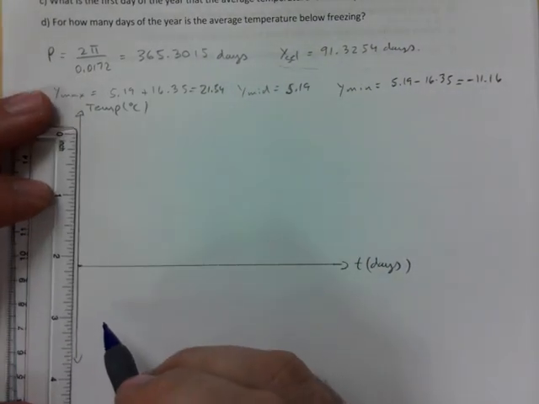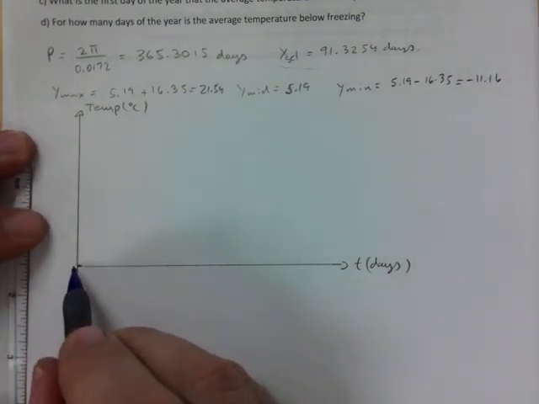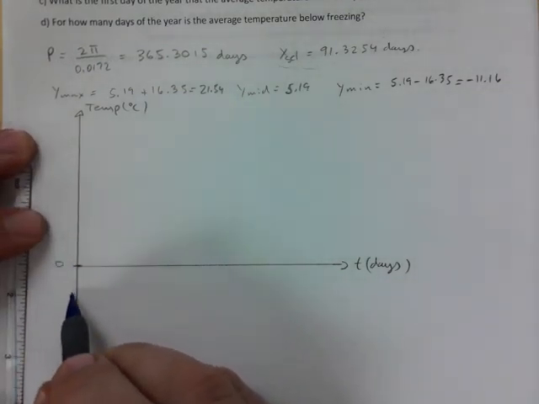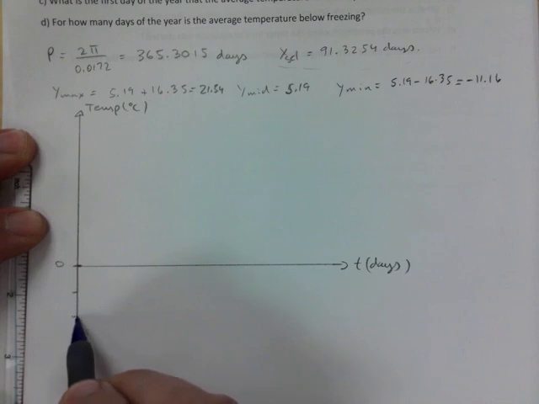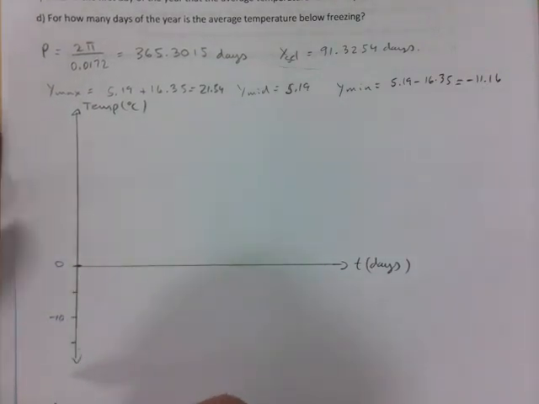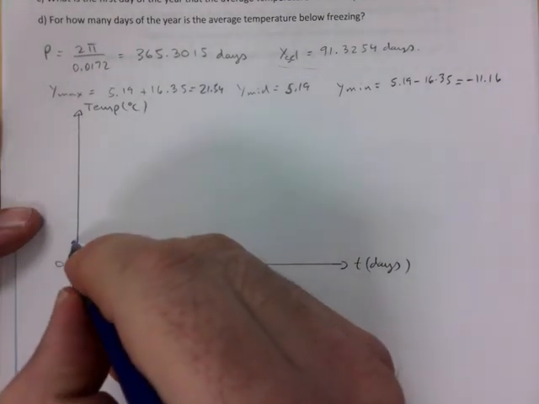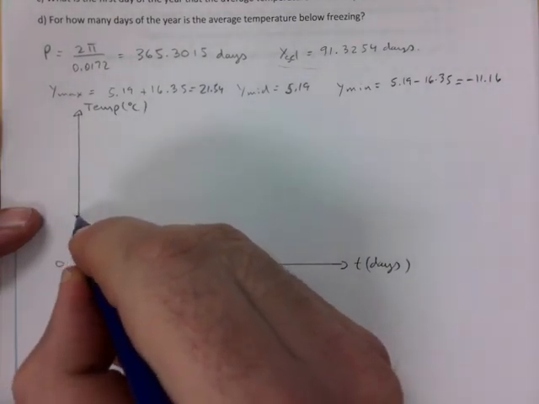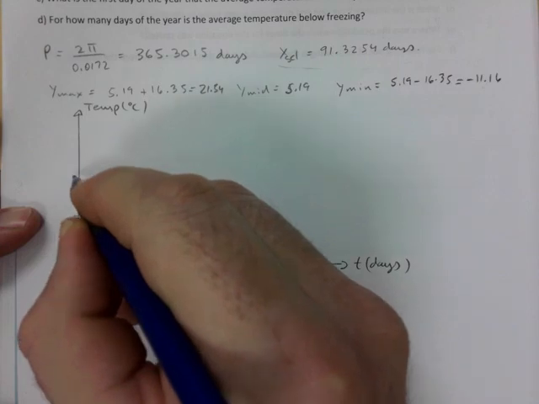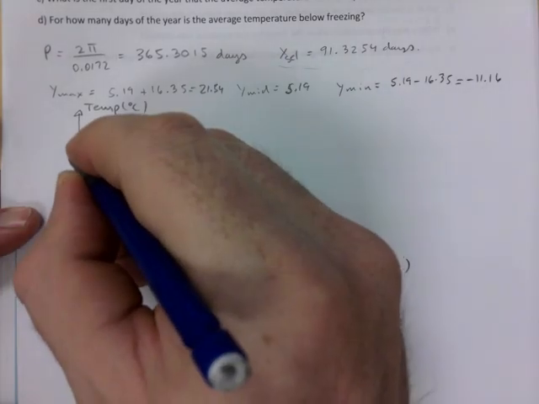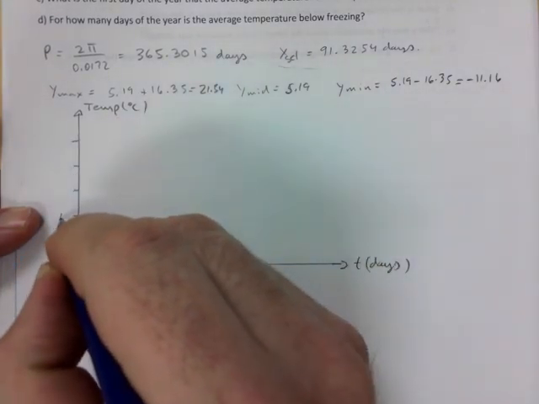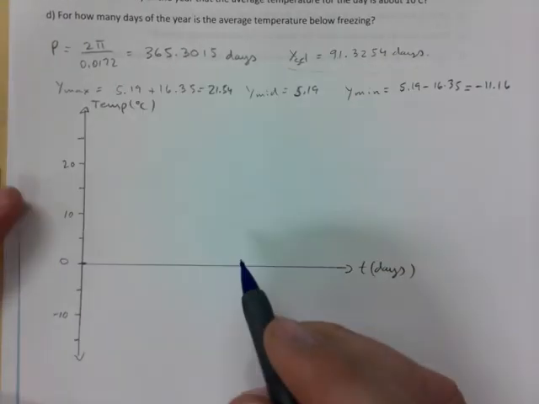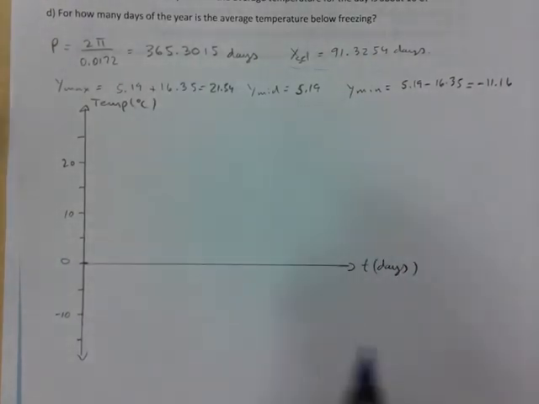I'm going to split this up: this is my 0 here. This would be 5, 10, negative 10, negative 15. That's how I do it. And then up 5, 10, 15, 20, 25. So 10, 20, there we go. I have that figured out.